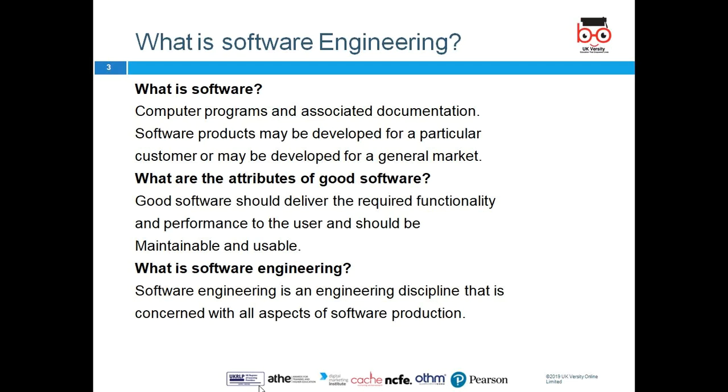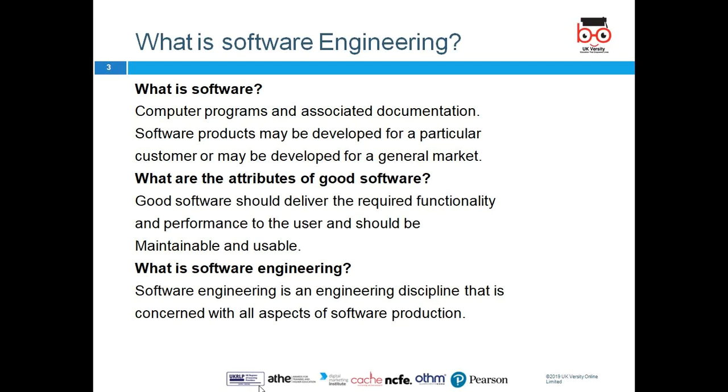But if it is not usable and not user friendly, you can't say it's good software, no matter if you have implemented it correctly and everything works without any bug. These are basically the characteristics of software.